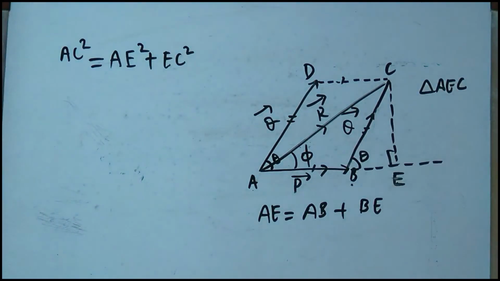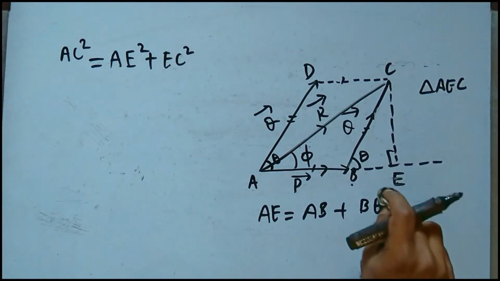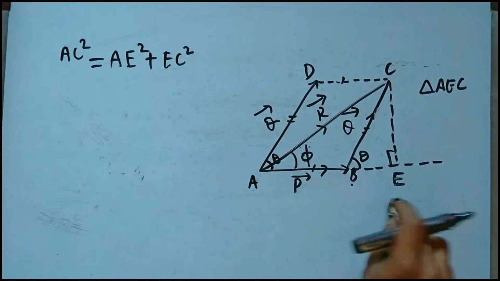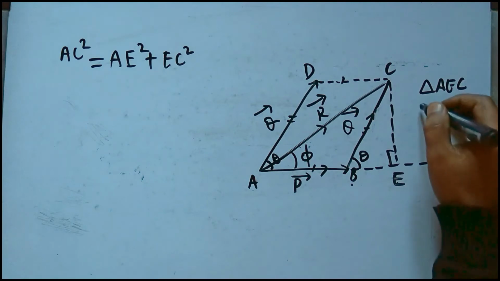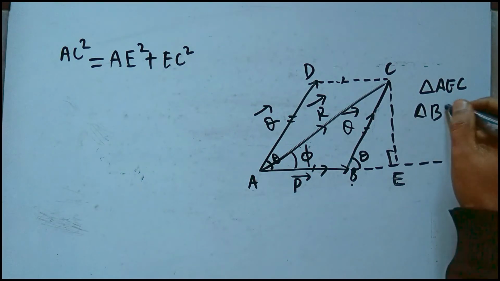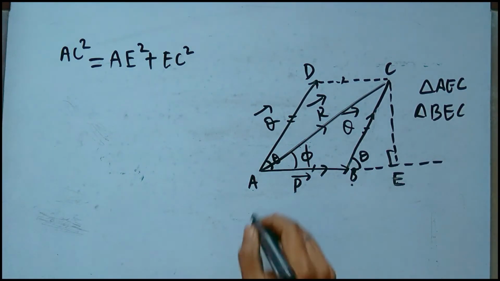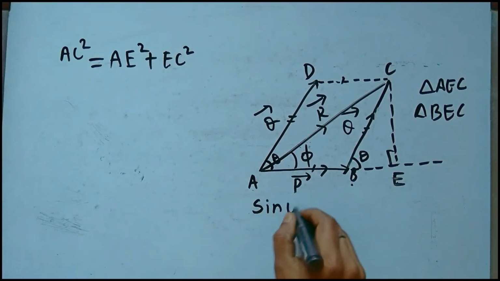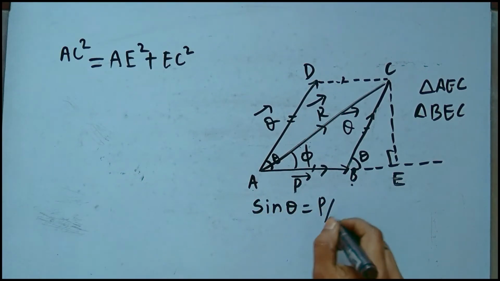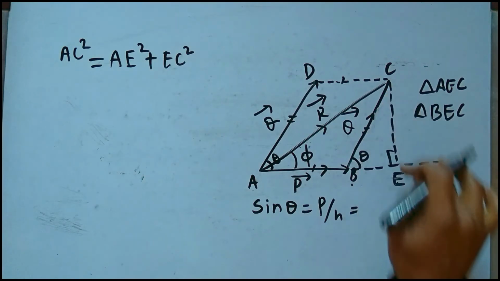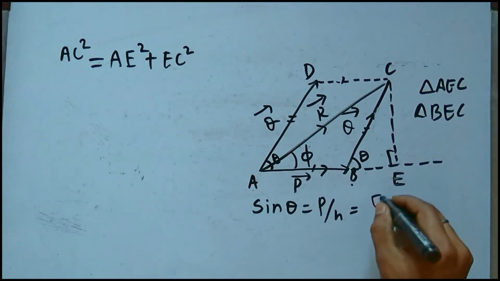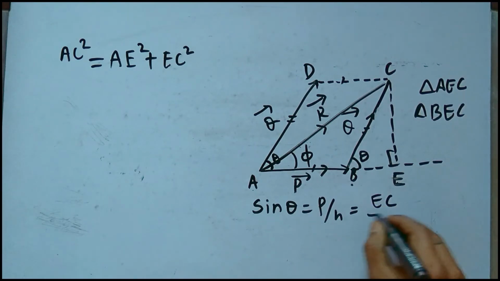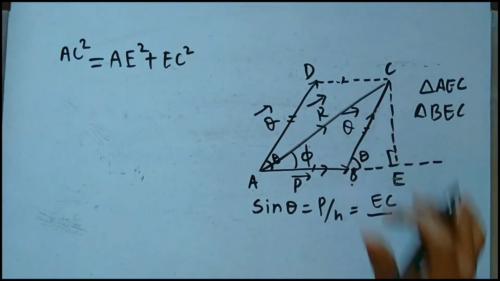What is EC? So here if we take triangle BEC, then by sine theta, which is perpendicular by hypotenuse, in this right angle triangle BEC, sine theta is P by H. So perpendicular is EC and hypotenuse is Q vector itself.